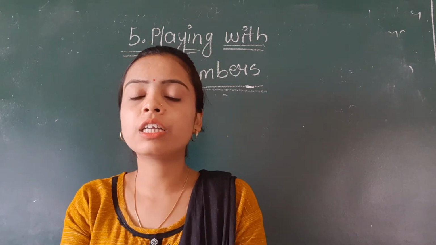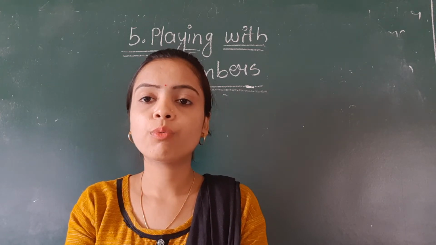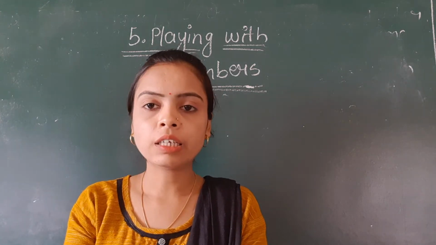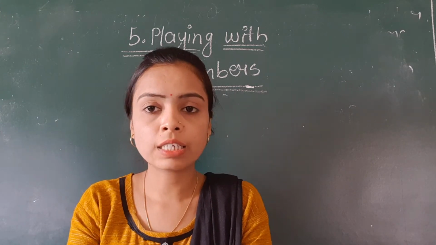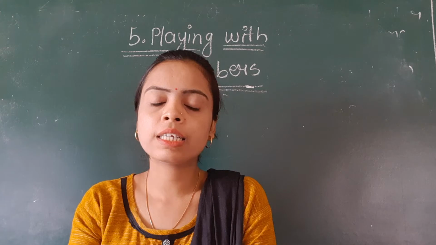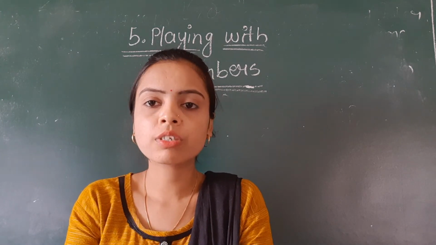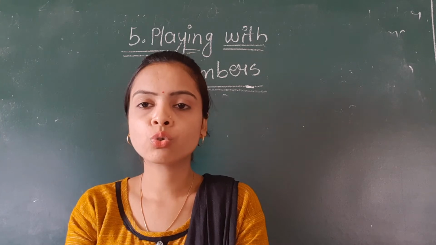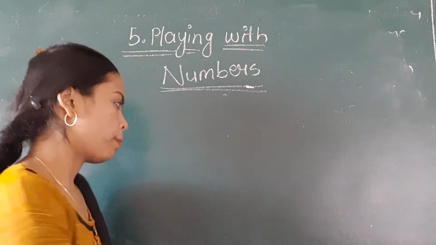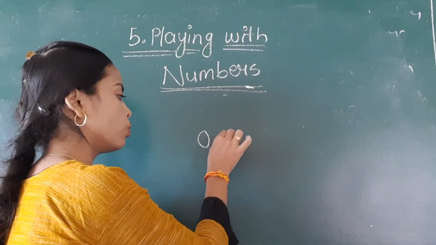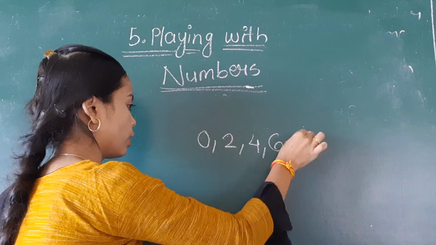We have studied the divisibility for 2, 3, 5, 9 and 10. Okay, so the divisibility for 2 is when the ending digit, or the digit at the unit place, of a number is 0, 2, 4, 6 or 8.